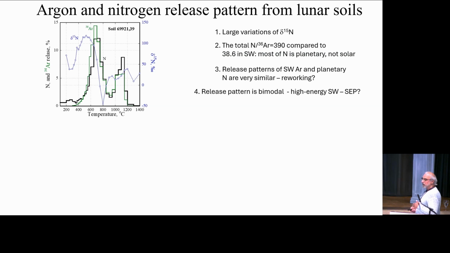At higher energy, ions are implanted deeper, and therefore during step heating, they will be released at higher temperature. However, in order to explain this, we need to suggest that the abundance of this SEP component compared to the normal solar component is higher by many orders of magnitude compared to what we have now in the solar wind. However, people suggested that maybe it is only now, but in the past, this ratio was much higher.